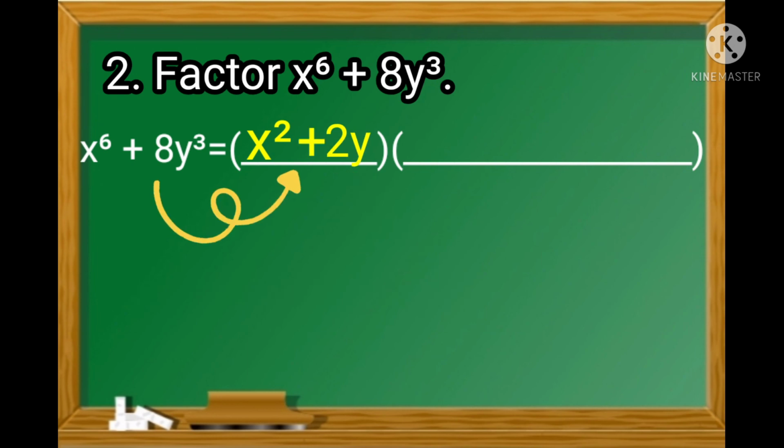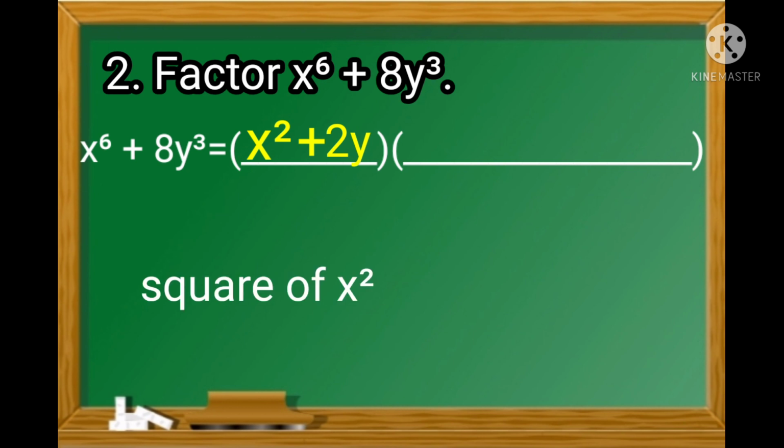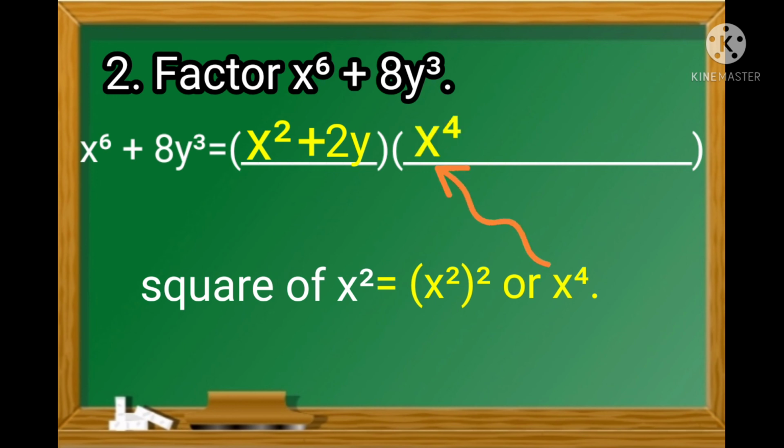Then we will copy the plus sign. To get our trinomial factor, we will square the first term of our binomial factor, which is x squared. That is x squared to the 2nd power, or that is equivalent to x to the 4th power.